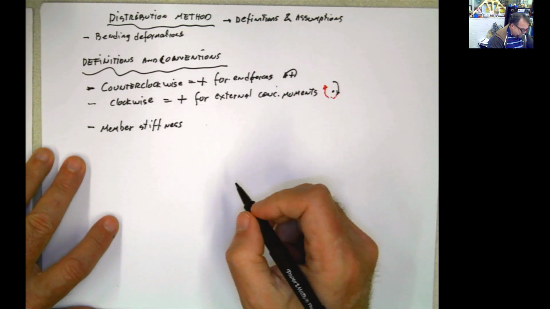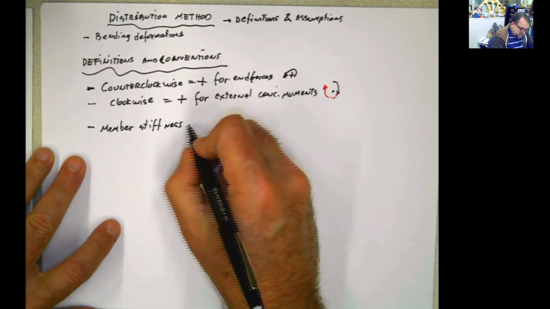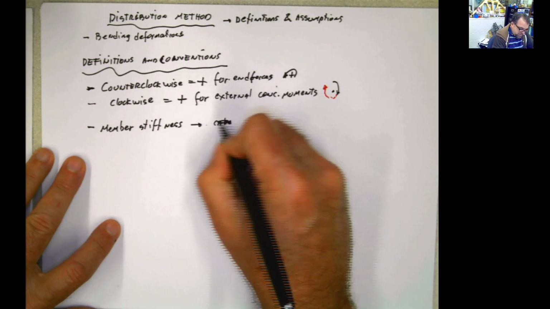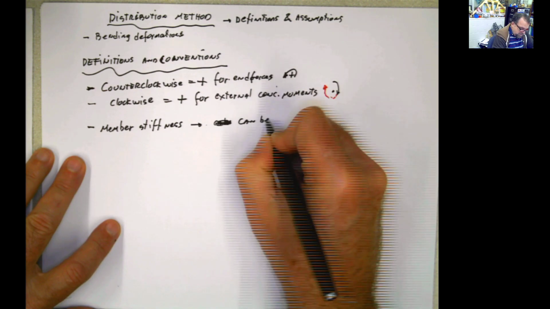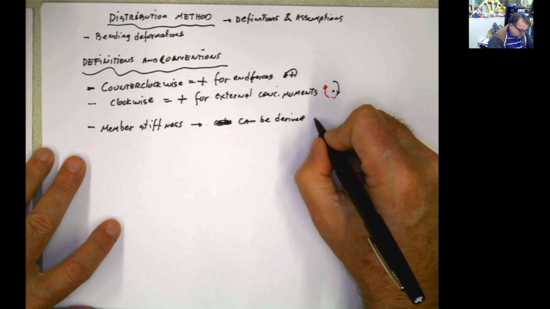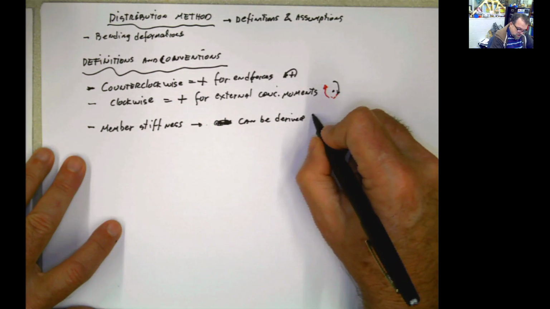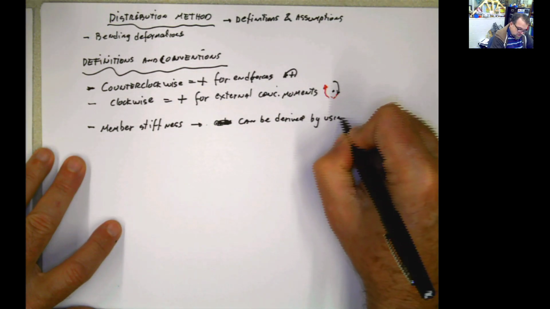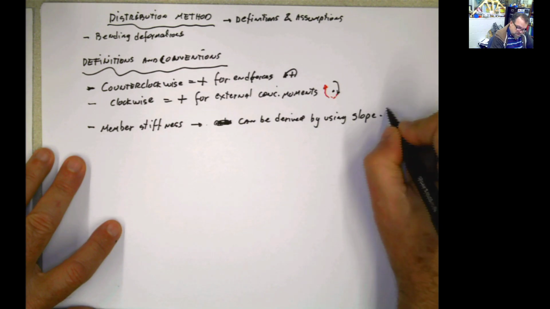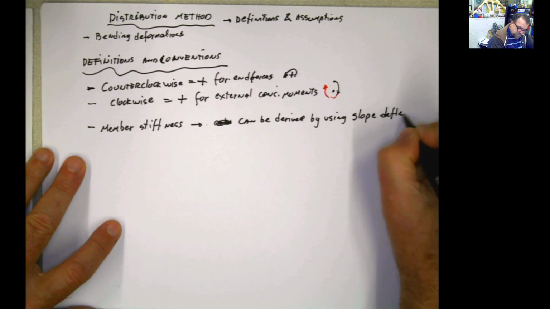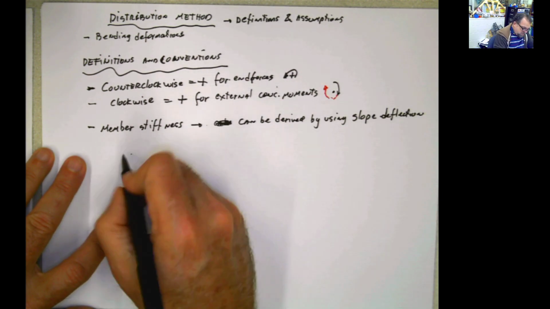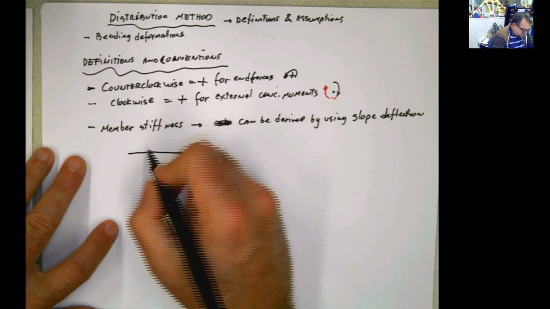Member stiffness. Now, the member stiffness can be derived by conjugate beam, but in this case, I'm going to be using slope deflection because it's a method that we discussed before. We did that before, but I'm just going to refresh you really quick.